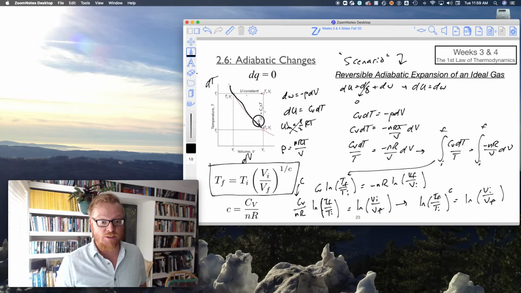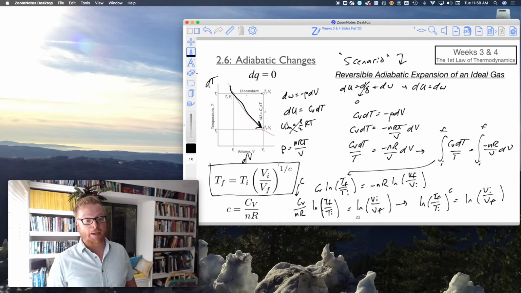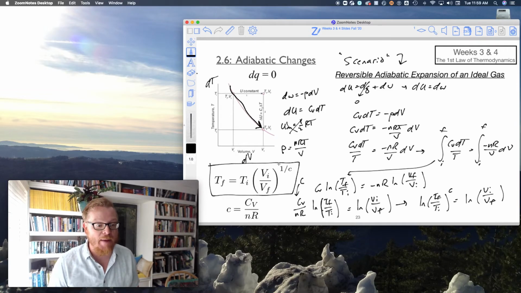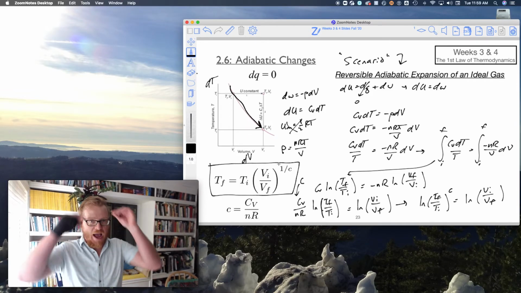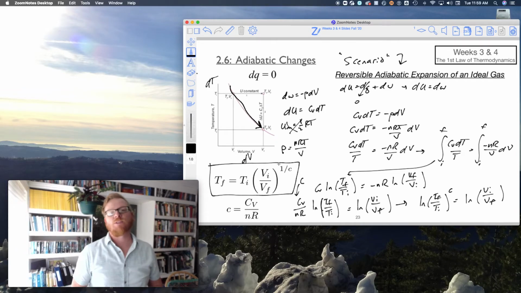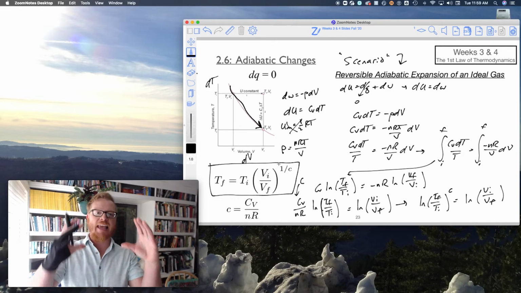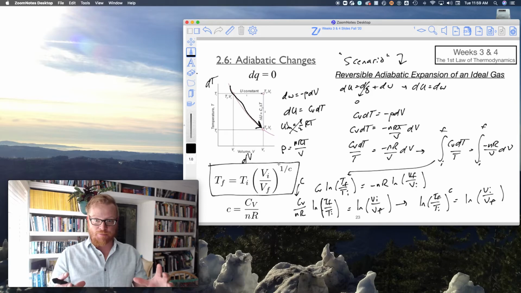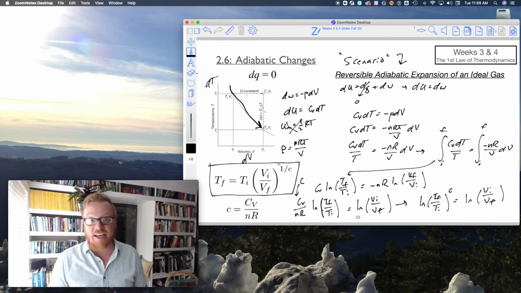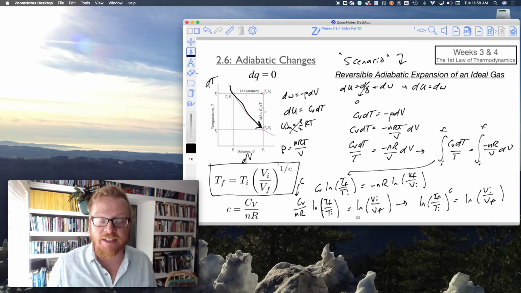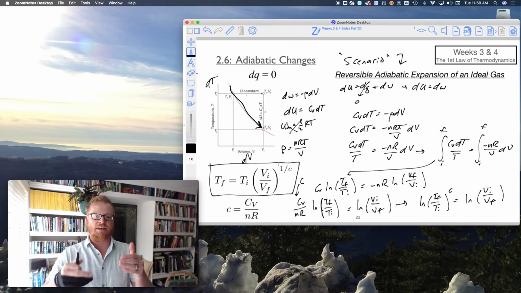So this gives us a way of predicting the change in temperature when we have expansion of an adiabatic system. And how do you physically wrap your head around what's going on there? So imagine you have a gas in a container, and that container is able to change volume. It's able to expand or compress, but that container is adiabatic. It's isolated. It doesn't allow the exchange of any heat. Okay?